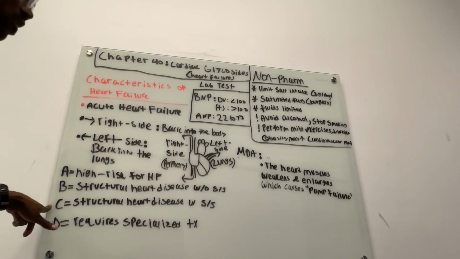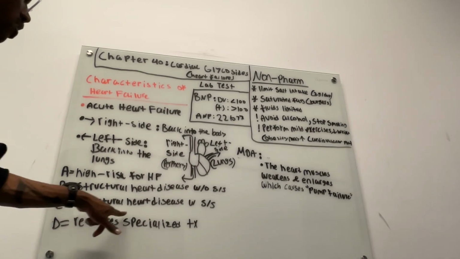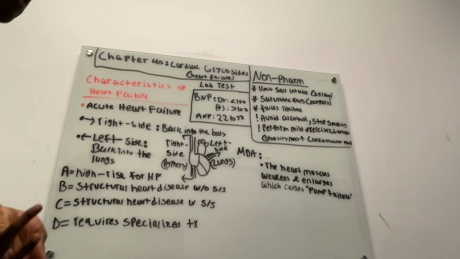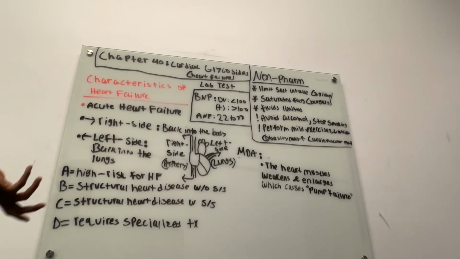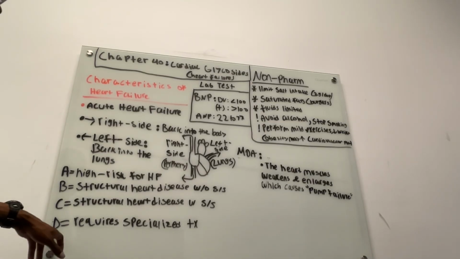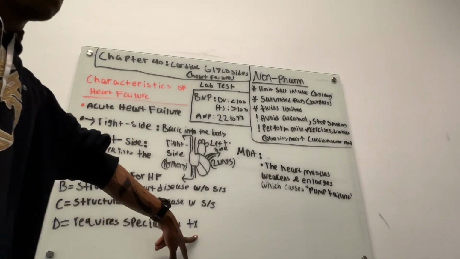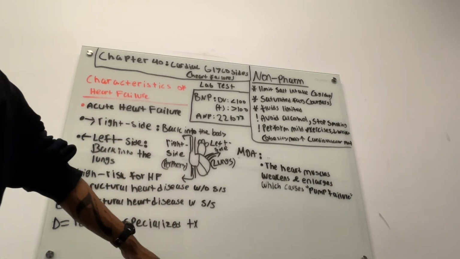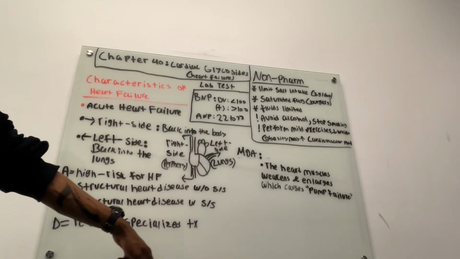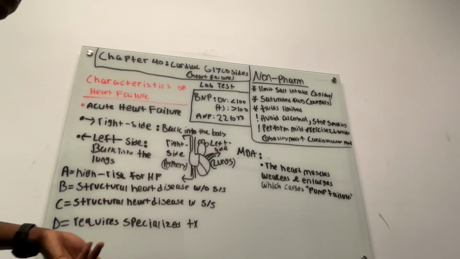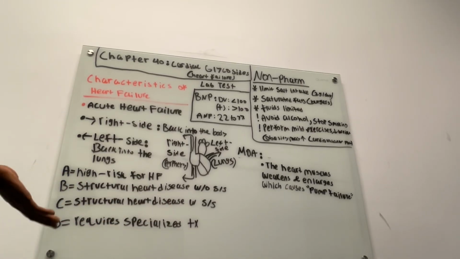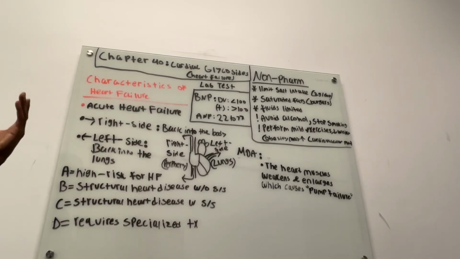C is structural heart disease with signs and symptoms, so that's probably like heart failure. And then D requires specialized treatment, so that's going to be your certain medication routines, your certain diet routines, different consultations and stuff like that.